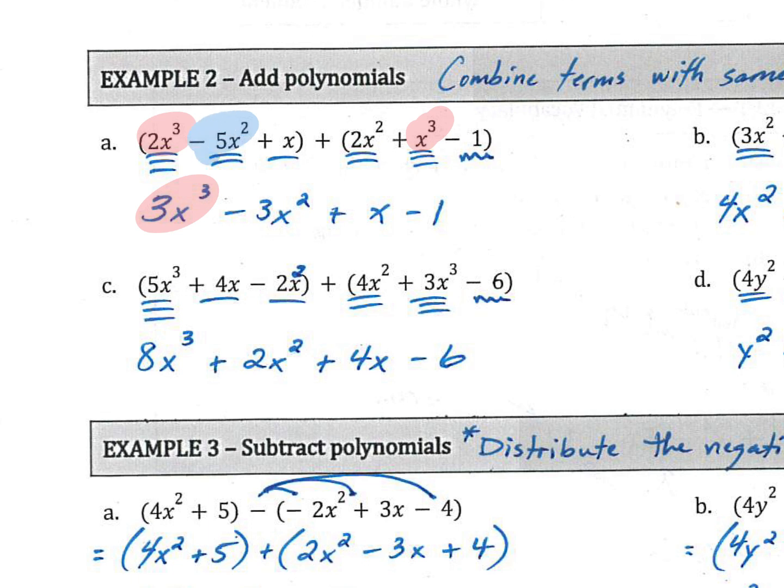We can also combine -5x squared and 2x squared. -5 and 2 make -3. We can combine x with nothing else, so it stays as x. And we can combine our constant of -1 with nothing else, so it stays as a -1.